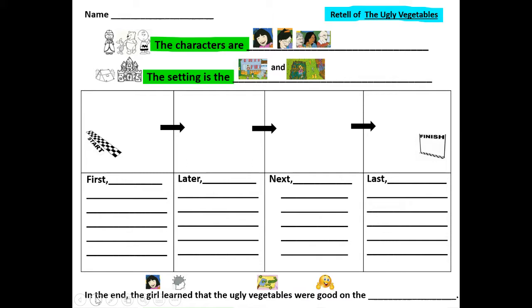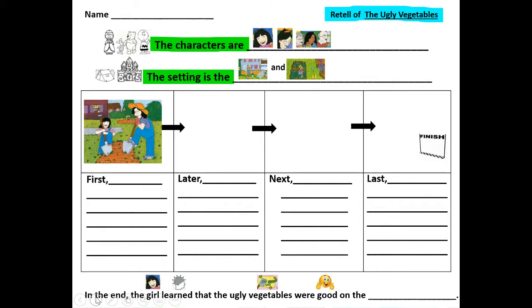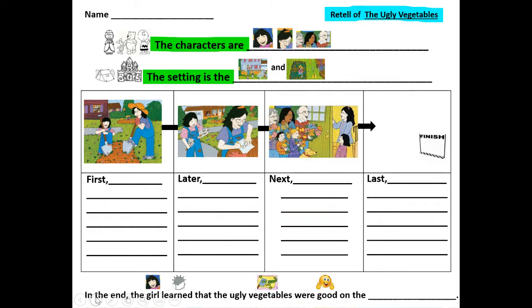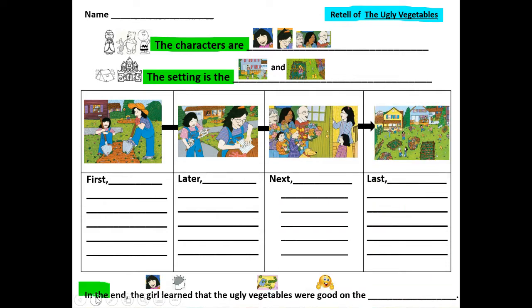Now let's put our pictures in the correct sequence or order. First, later, next, and last. So look closely at the first picture. Tell me out loud, what's going on in that first picture?